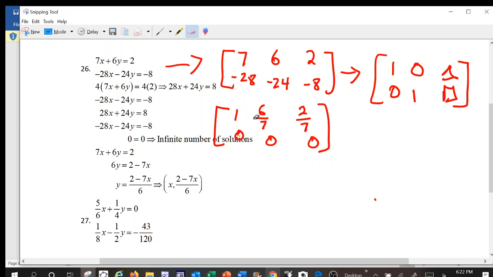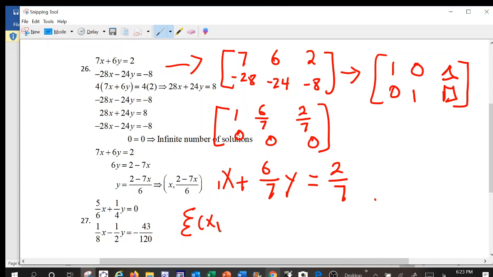It's easy. Convert this back to a system. So write it as 1 times x plus 6 over 7 times y equals 2 over 7. Now, that means all the solutions are given this way. So you can do it again this way.